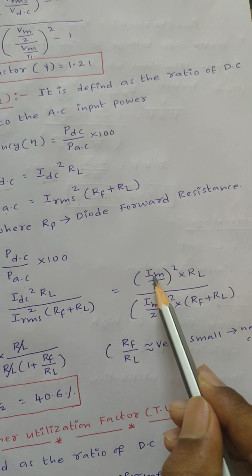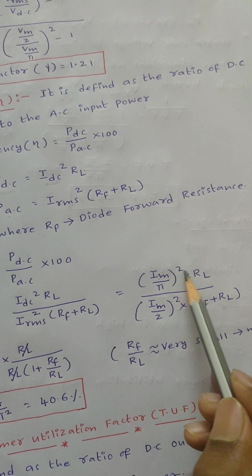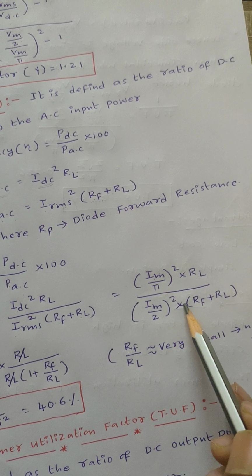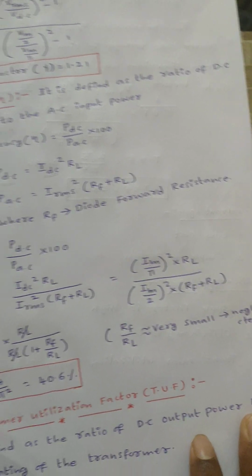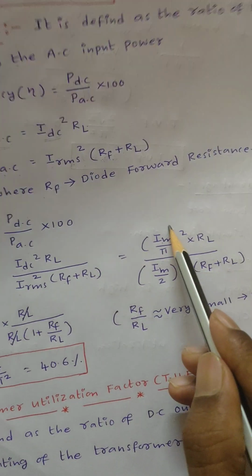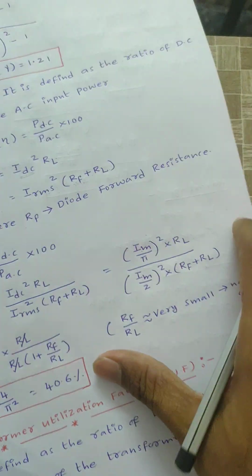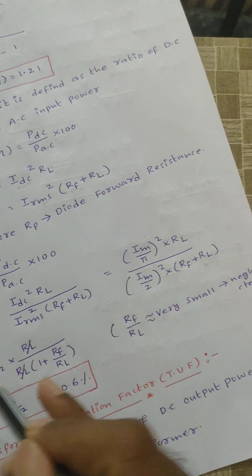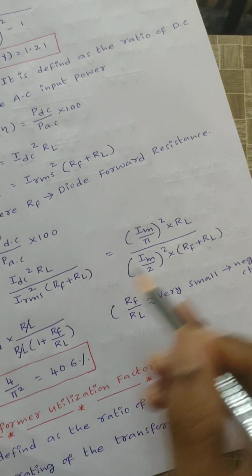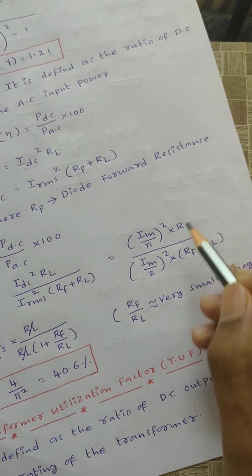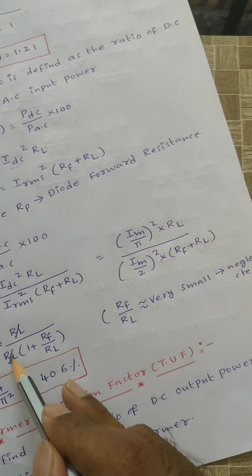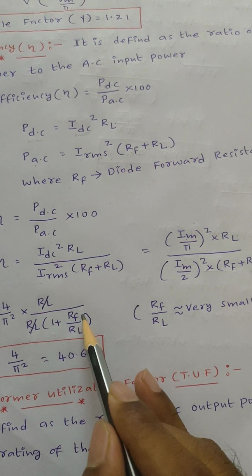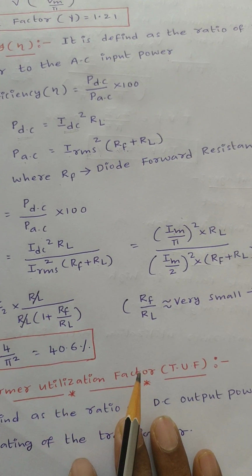Already we know that IDC is equal to IM by pi, whole square into RL. IRMS is nothing but IM by 2, whole square into RF plus RL. Here IM square and IM square will be cancelled. Then you will get 1 by 2 whole square, so 4 comes to the numerator, 4 by pi square into RL in the numerator. In the denominator I can take RL as common, then I will get 1 plus RF by RL, and RL will be cancelled.